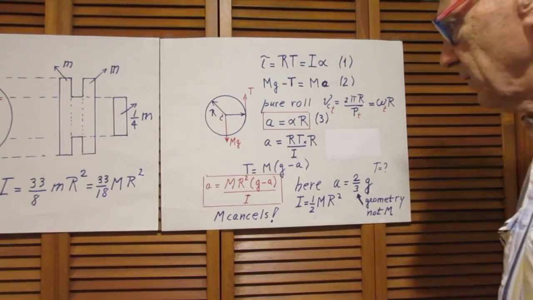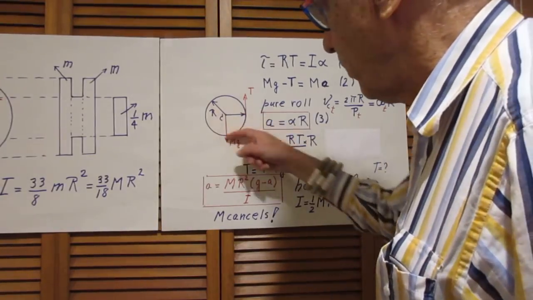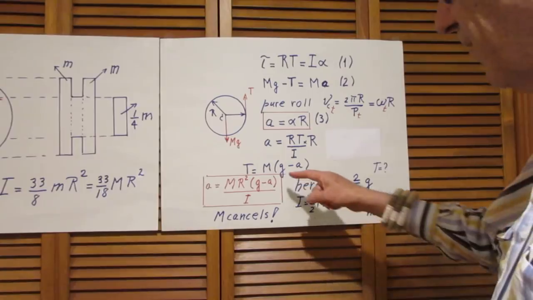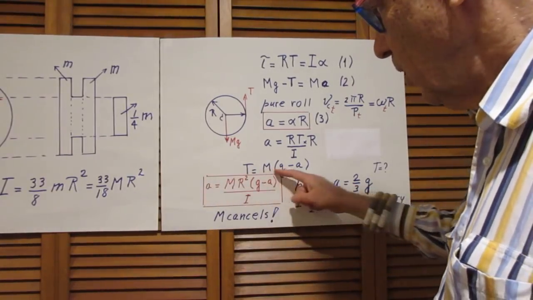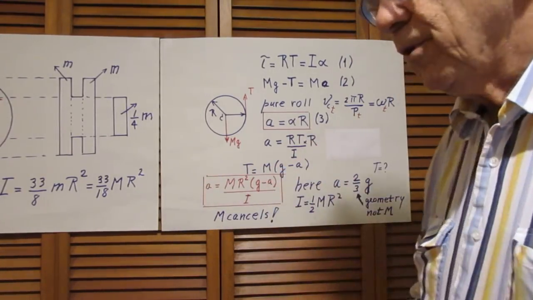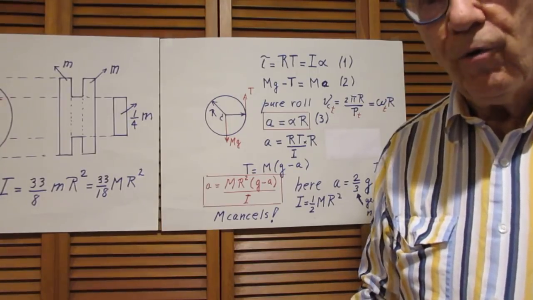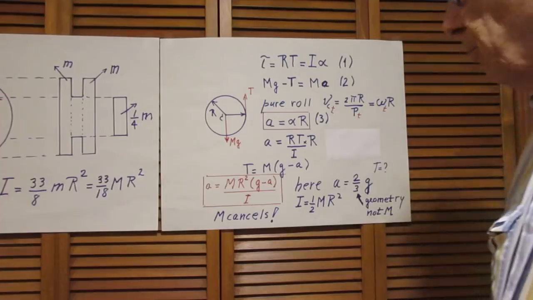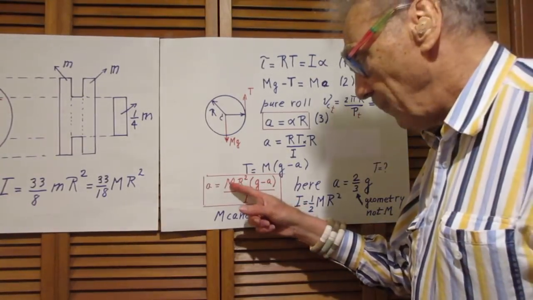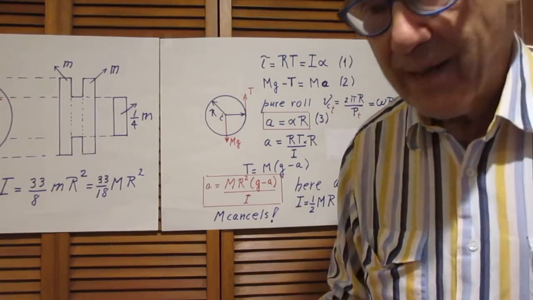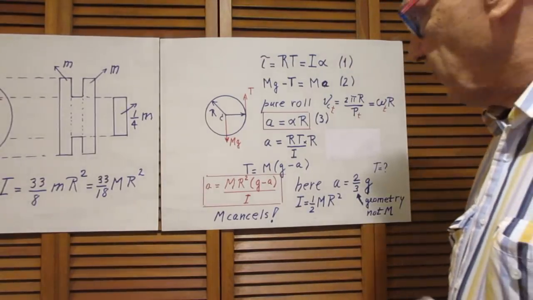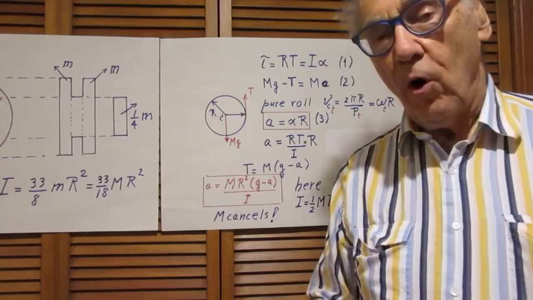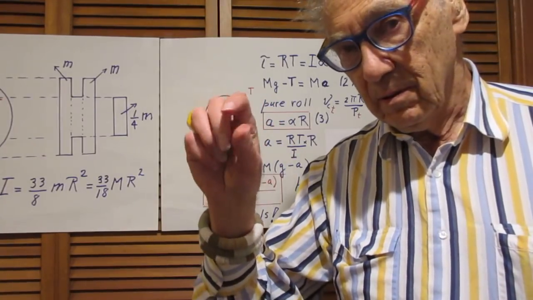Why did I go through this simple example first? The reason is that this equation must also be valid for our yo-yo, provided that we know that capital M is the mass of the entire yo-yo, provided that we realize that capital R is only the radius of the inner disc, right?